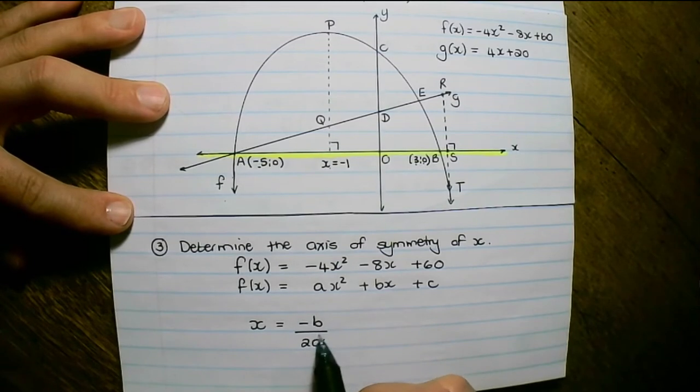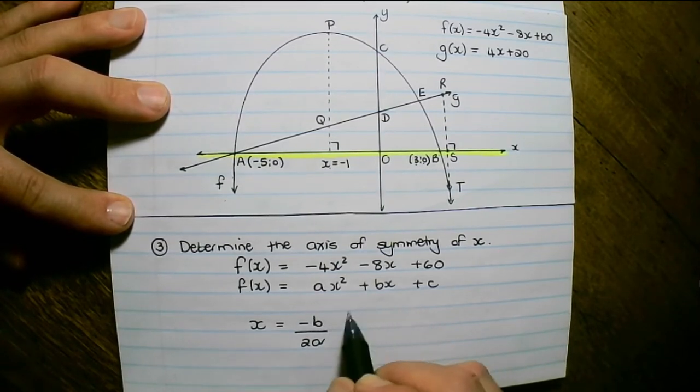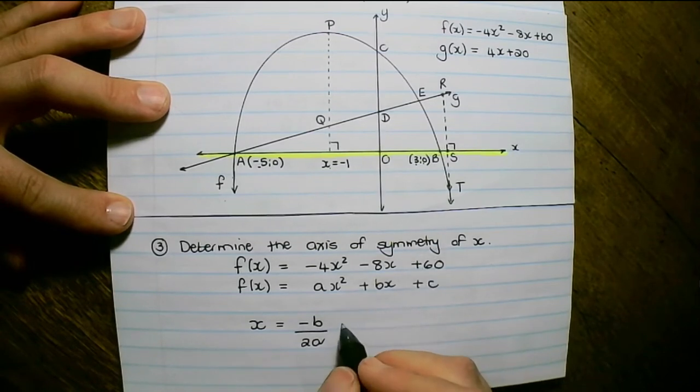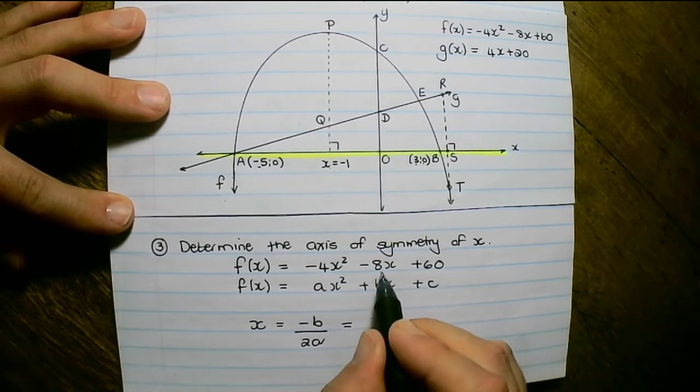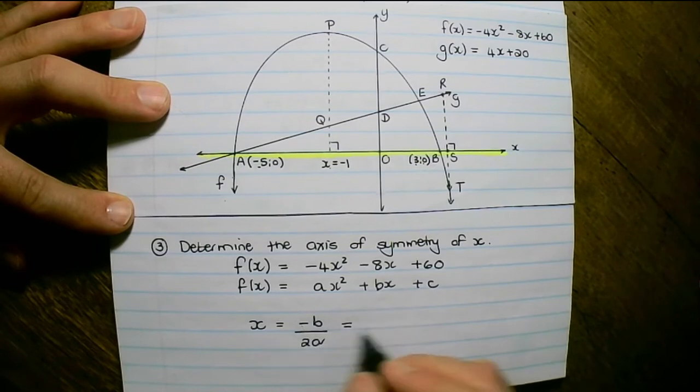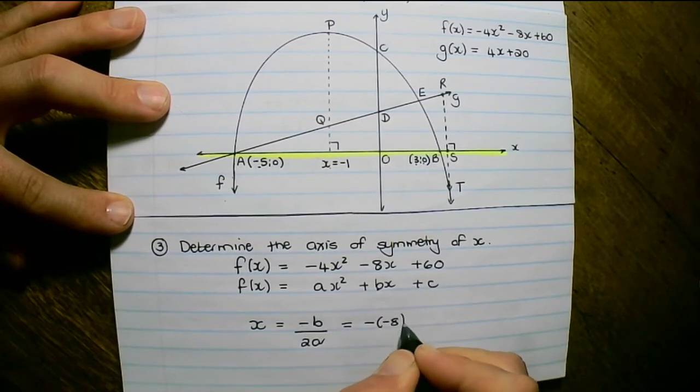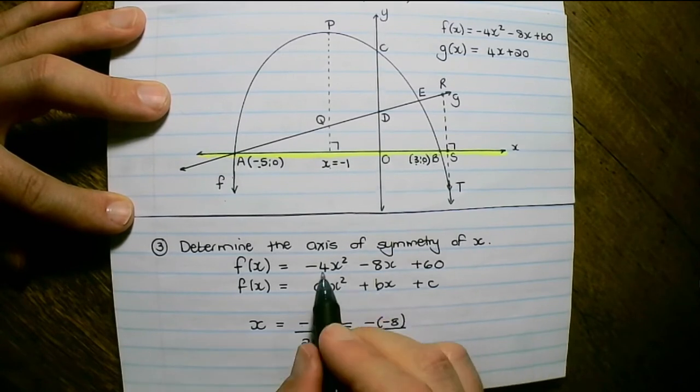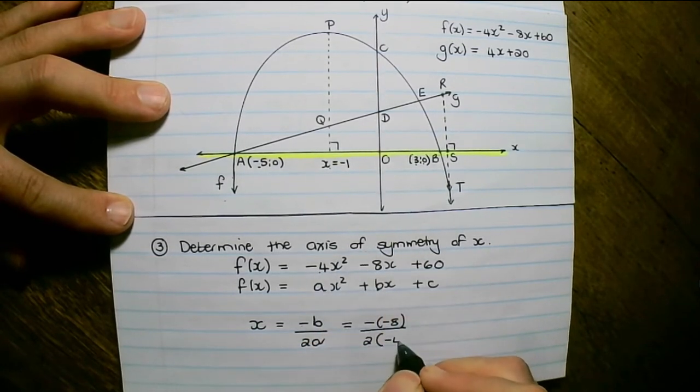You would notice it's the same as the quadratic formula without the square root part on the side. So the b value is -8, so it's -(-8) over 2 times the a value, which is -4.